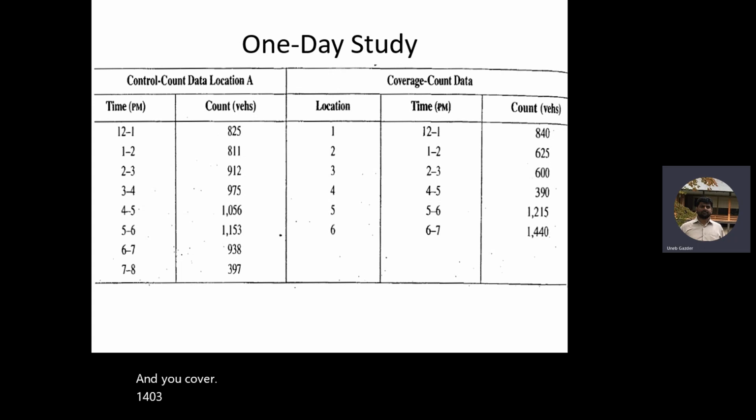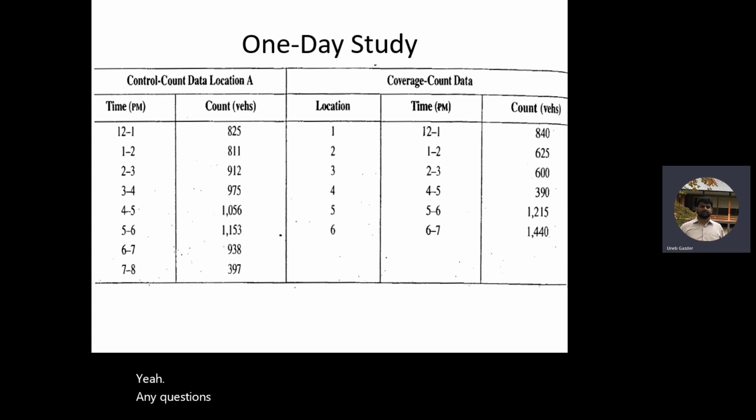1403. Multiplied by 0.16, right? Clear? Any questions?